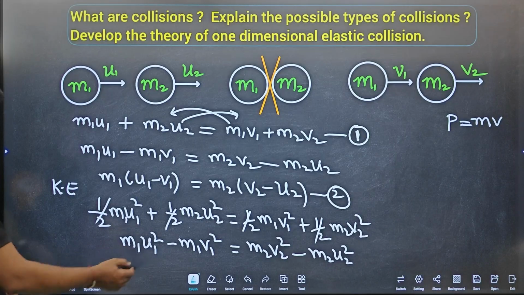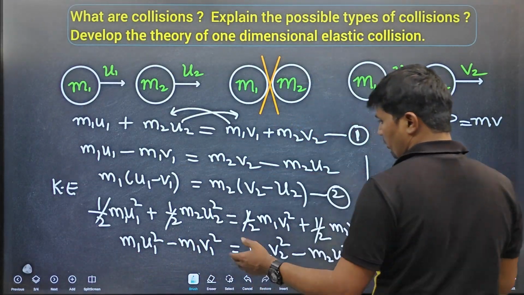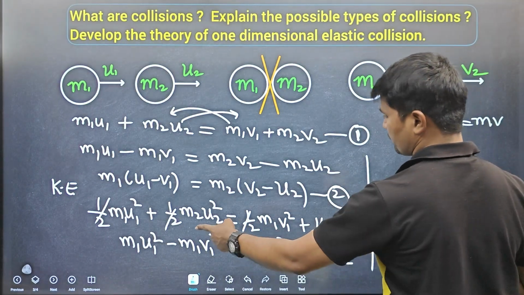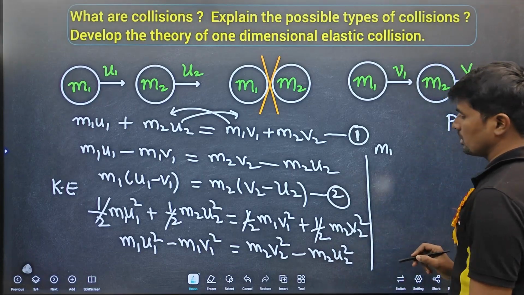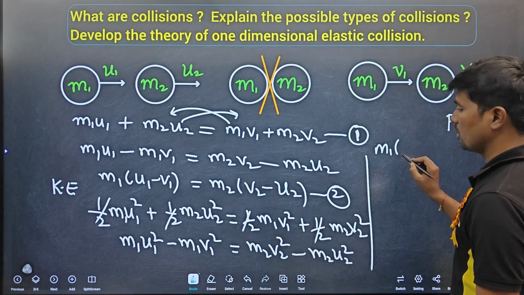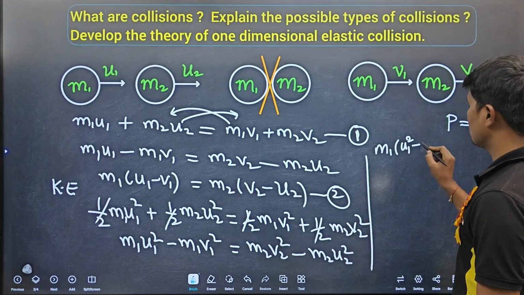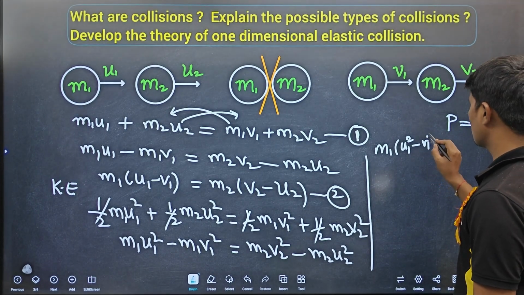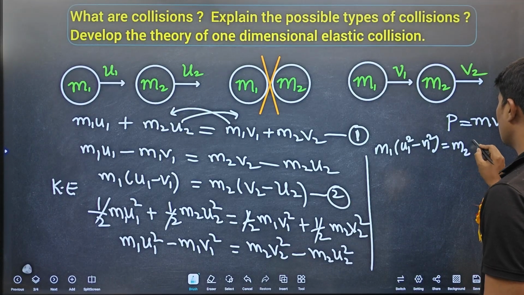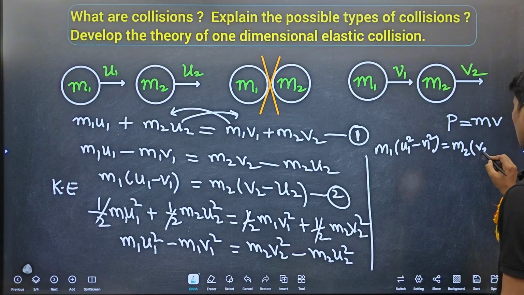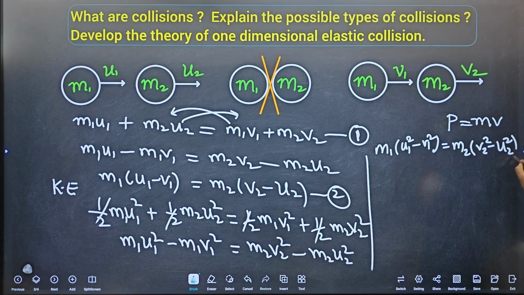So we have to take out m1 as common here. If you take out m1 as common, then we get m1 (u1 square minus v1 square) is equal to, if you take out m2 as common, m2 (v2 square minus u2 square).